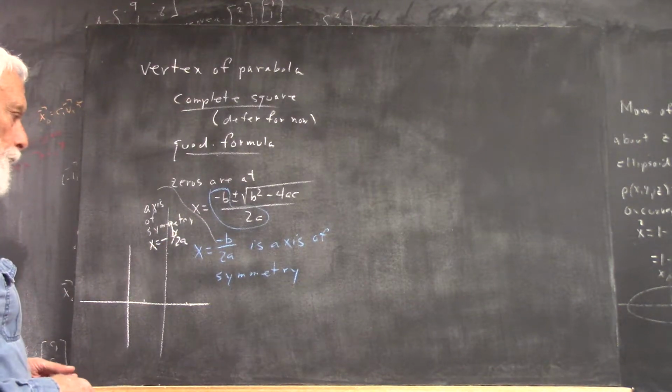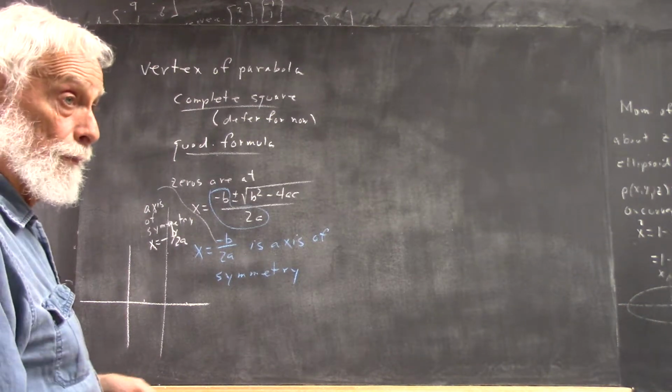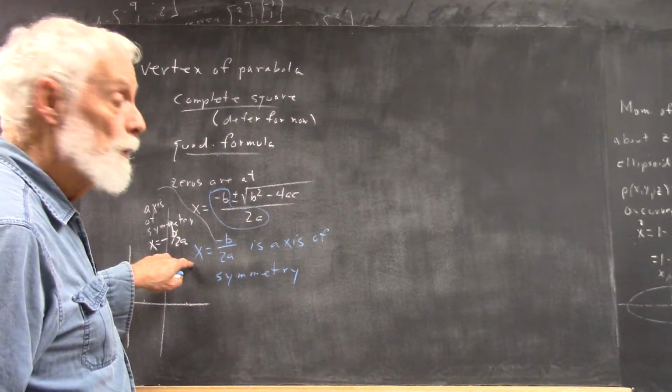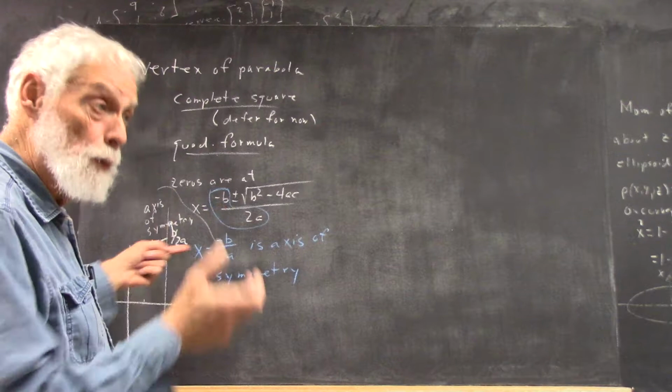What's the y-coordinate? If you have the x-coordinate of a point on your parabola, how do you get the y-coordinate?